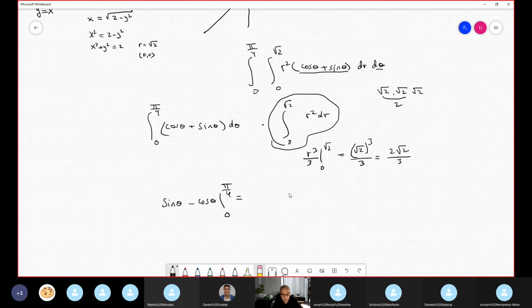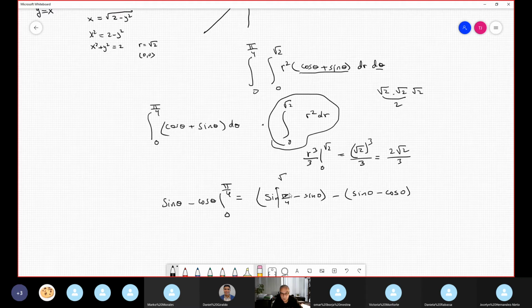So, well, this sine pi over 4 minus, wait a second, minus sine 0, right? Okay, minus sine 0, minus cosine 0, right?